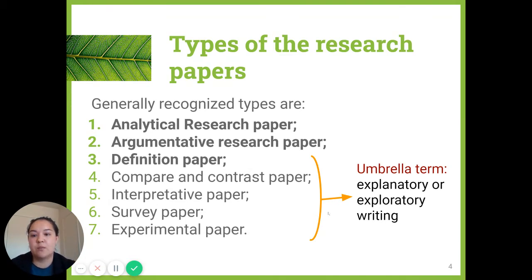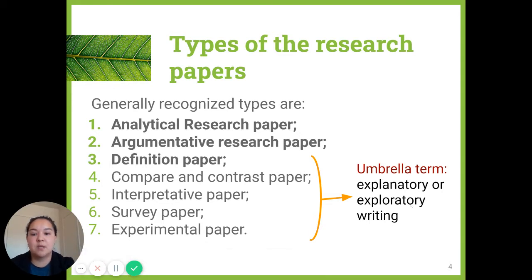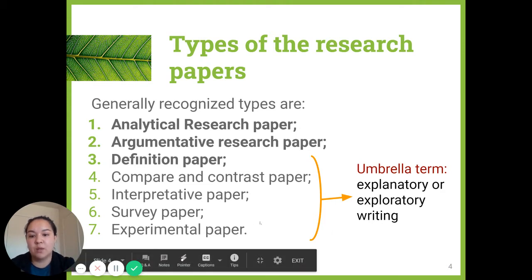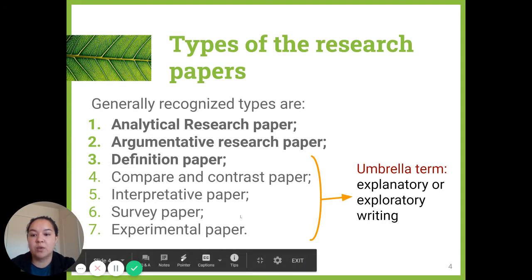So definition paper, compare and contrast, interpretative, survey, and experimental would be similar in structure and similar in purpose, because they all explain the topic or explore different viewpoints in the topic. And of course, some of them would be more applicable depending on the subject that you're studying. So if you're studying medicine or physics, you would probably work more with survey or experimental essay.